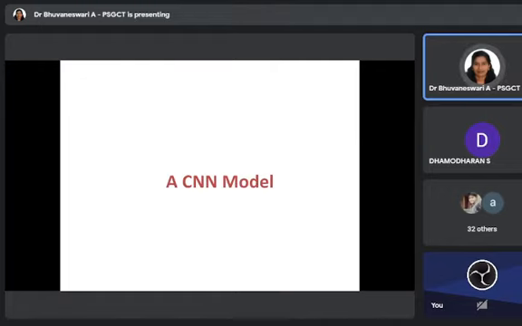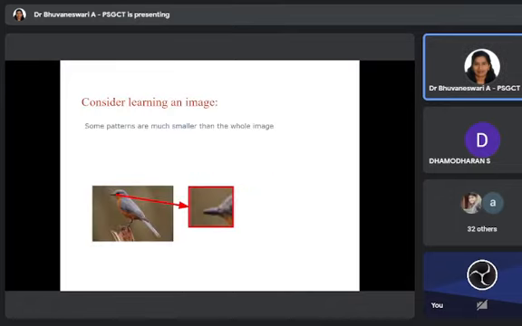And finally, I'm just going to discuss a real time example, a small example using the CNN model. So consider you are training a model, you have designed a CNN model and trained the model to recognize the image.